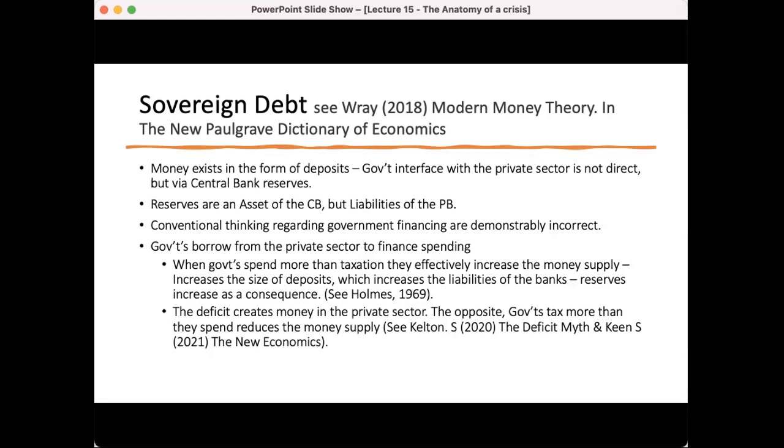Because money is not perceived as being important within economics, banks rarely appear as being important agents within economics as well. It's assumed that a consumer buys goods direct from the supplier, but actually all transactions require a bank.